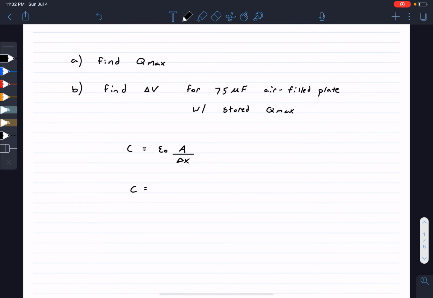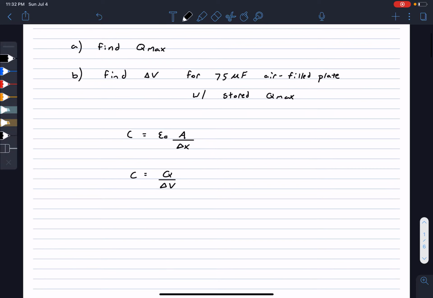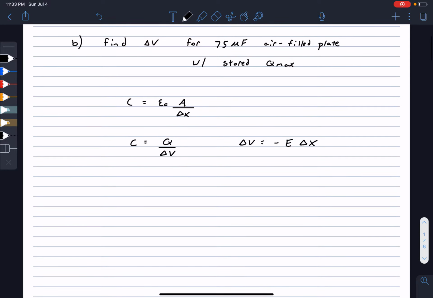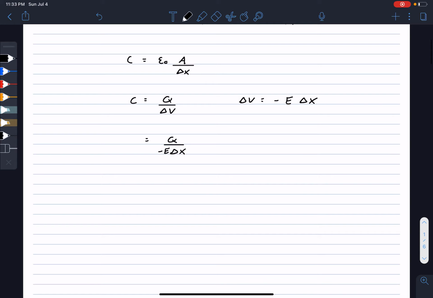So capacitance is also equal to charge over the electric potential difference, where the electric potential difference is equal to negative electric field times the change in the distance. So now we have capacitance is equal to charge over negative E times the distance. Great. So let's set these up.